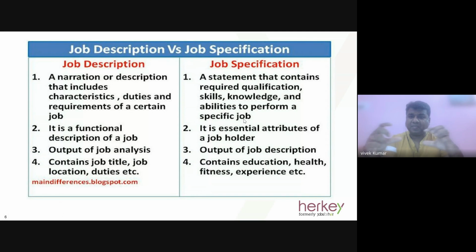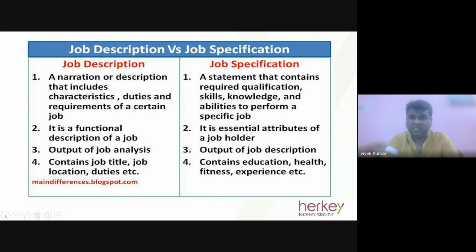Let's say I'm hiring for the position of a sales manager, right? I'll probably highlight things like we are looking for an ideal candidate who could be a potential sales manager for the northern territory of our business operations, and this person must be a go-getter, and so on and so forth, right? So this is more like a statement that comes in the job specification.